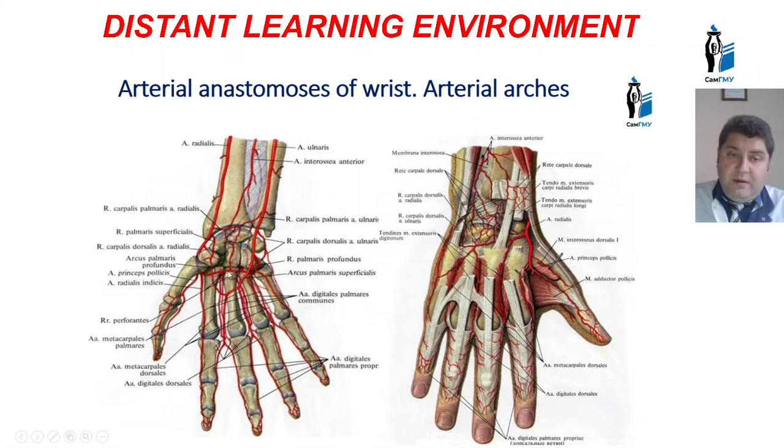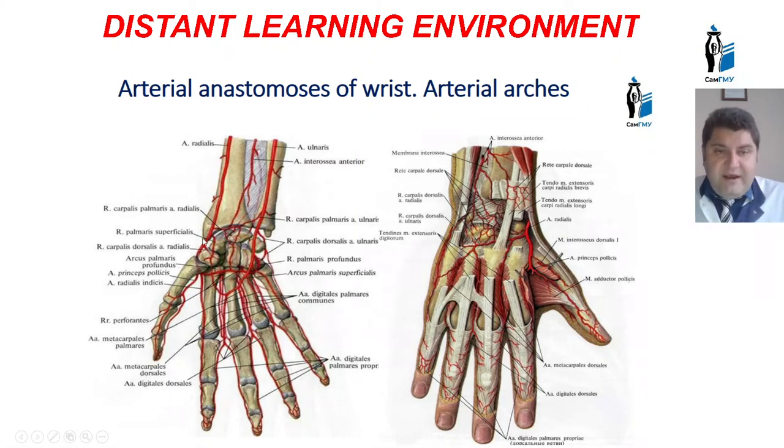And you may see that it passes to the medial side, from lateral to medial side, in the direction of the basic part of the fifth metacarpal bone. And here you may see that it forms an anastomosis with the profound, or deep in Latin, profundus is deep in English, the profound branch, the deep branch of the ulnar artery.